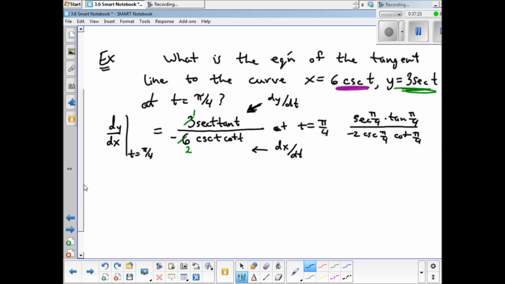Okay, so the secant of pi over 4, you do your homework there, it's root 2. Tangent of pi over 4 is simply 1. Cosecant of pi over 4 is also root 2, and cotangent of pi over 4 is 1. So the answer is negative 1/2.